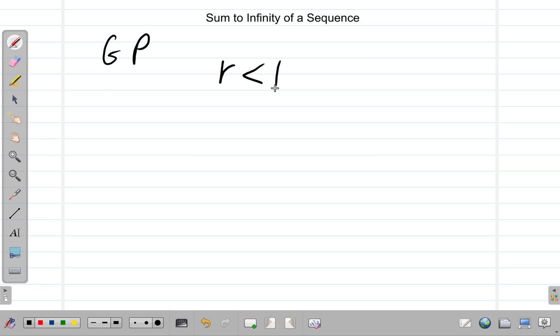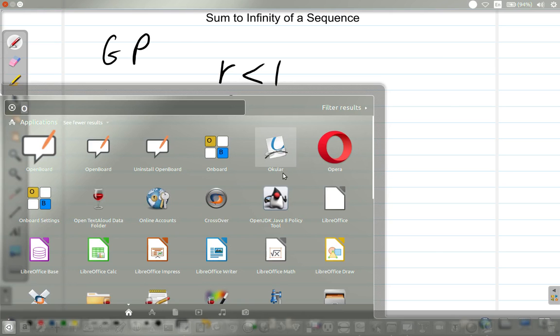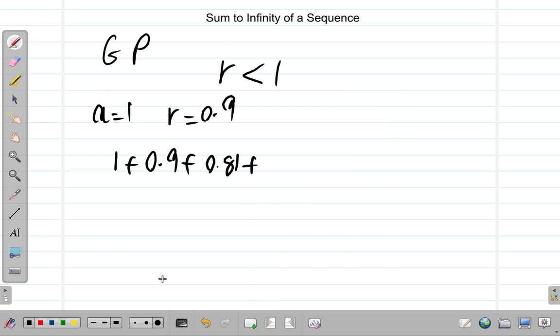For example, if you have the first term, let's say the first term is 1, and the common ratio is 0.9, then you would have 1 plus 1 times 0.9, this is 0.9, plus 0.9 times 0.9, which is 0.81, plus 0.81 times 0.9, what is 0.81 times 0.9?